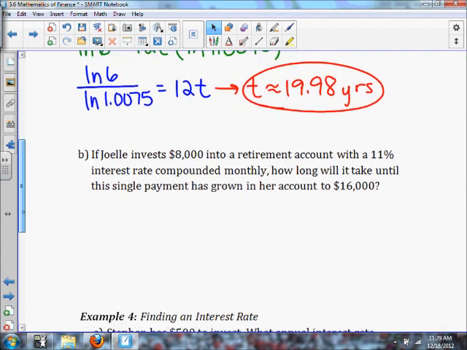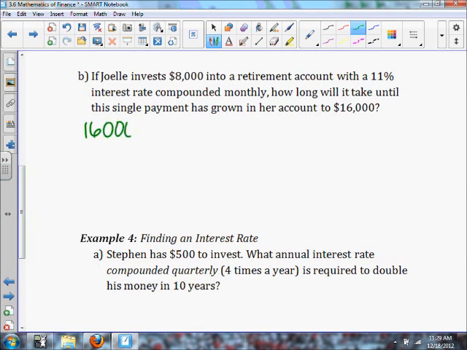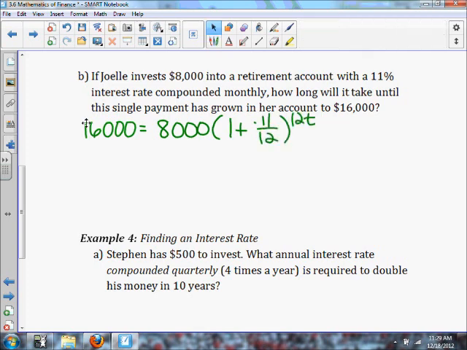Now we do this: if Joelle invests $8,000 into a retirement account with 11% interest rate compounded monthly, how long will it take until this single payment has grown in her account to $16,000? So we have $16,000 equals $8,000 times (1 plus 0.11 divided by 12) to the 12t. So it's pretty much the same type of problem.